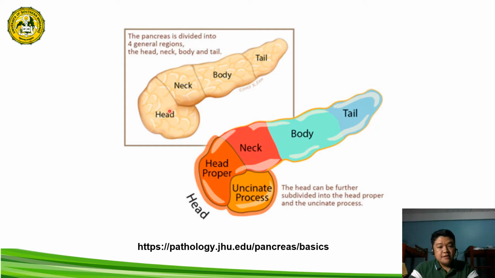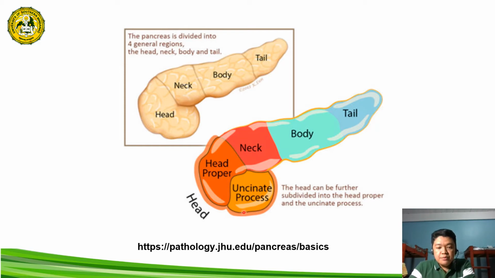The head is also represented by the right lobe of the pancreas. The neck and the body are described as one in veterinary medicine. And the tail of the pancreas represents the left lobe of the pancreas in veterinary medicine.